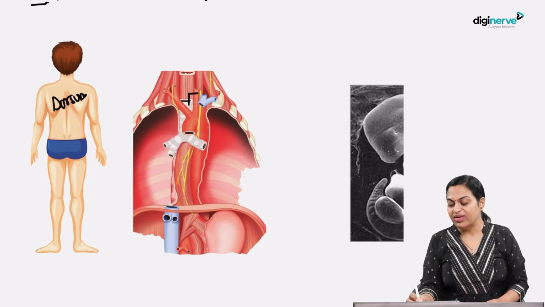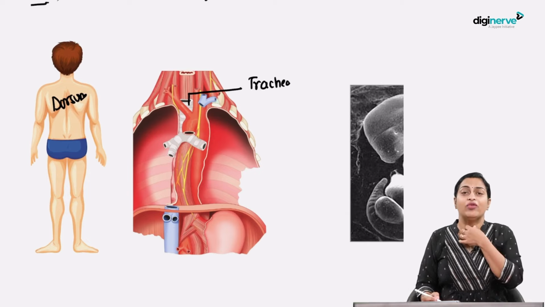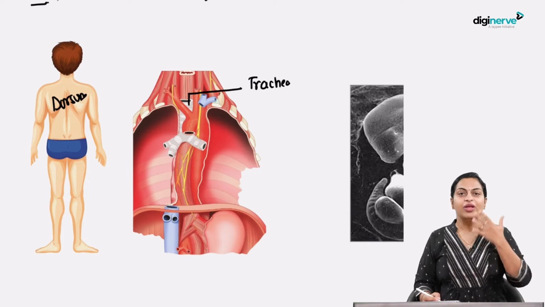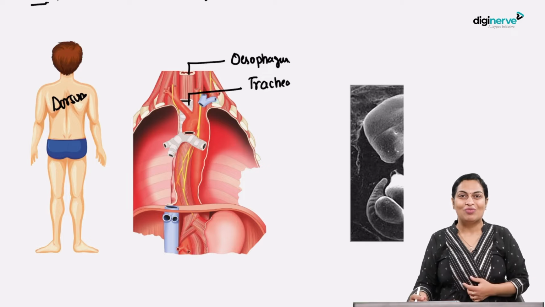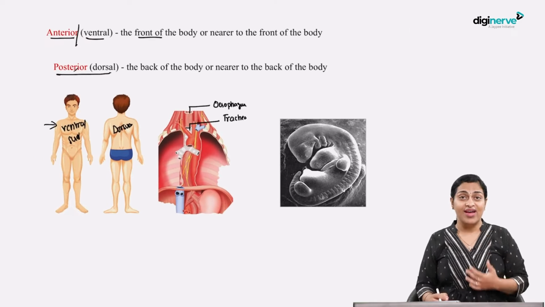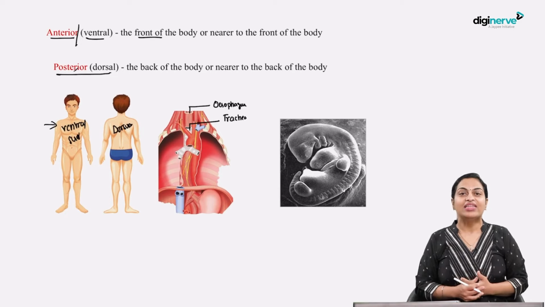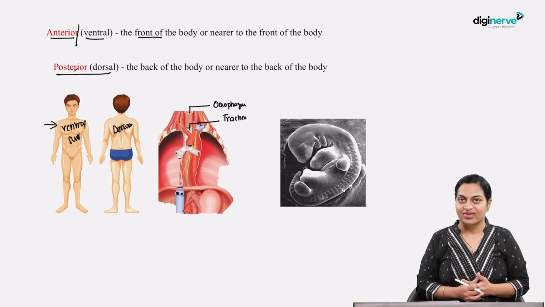Can I show you both here now? So this one here is the trachea, the windpipe. Why do you get to feel it so hard? It's made up of the hyaline cartilage. And this one here is the esophagus, the food pipe. It's a muscular tube, right? So the trachea is anterior and the esophagus is posterior.